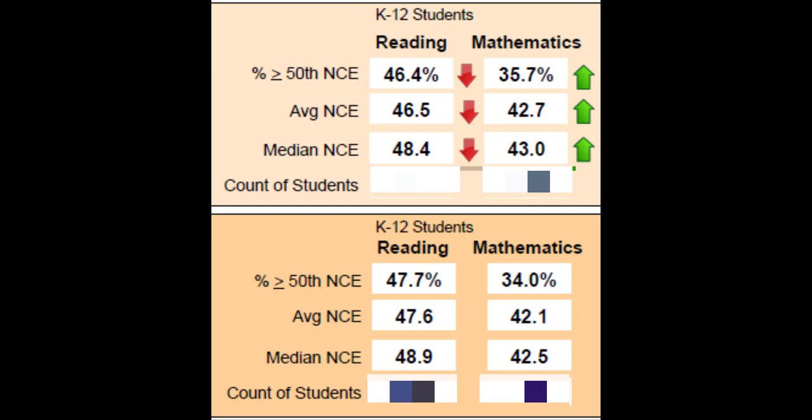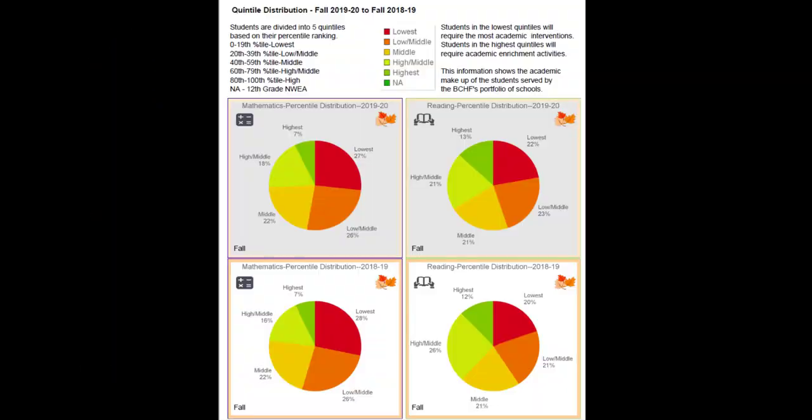As we mentioned with the performance index, for the fall report, this value will be from the previous fall. When you receive the winter version of this report, it will show fall to winter of the current year, and then in the spring it will represent the fall to the spring for the current year.